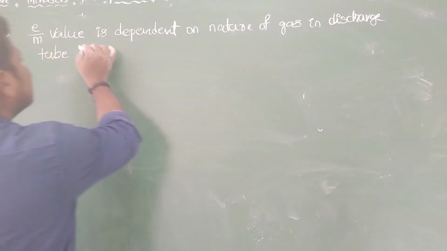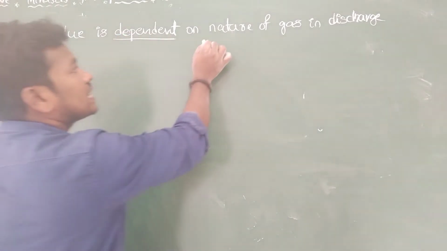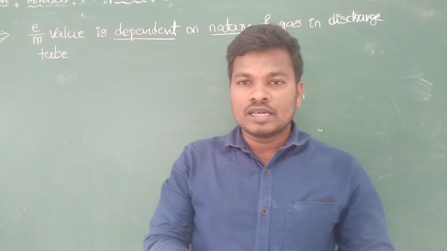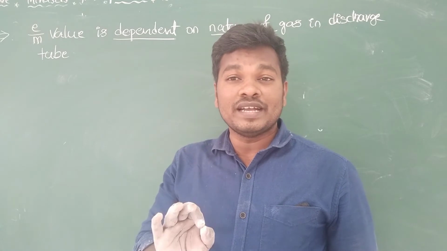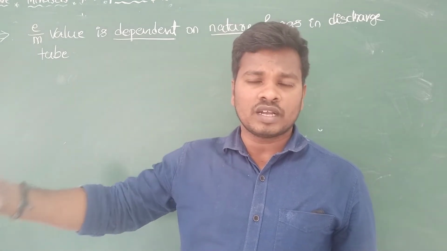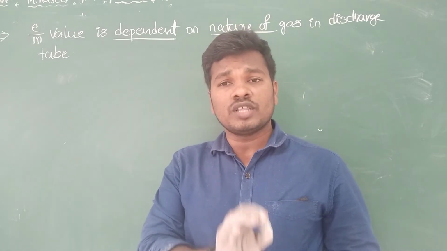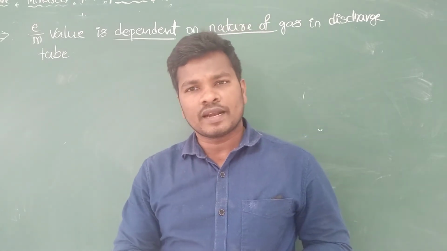The next property: the e/m value depends on the nature of the gas taken in the discharge tube. The electron's e/m ratio is independent of the nature of the gas you are taking. But for the anode rays, this is the one property that is opposite to the electron.